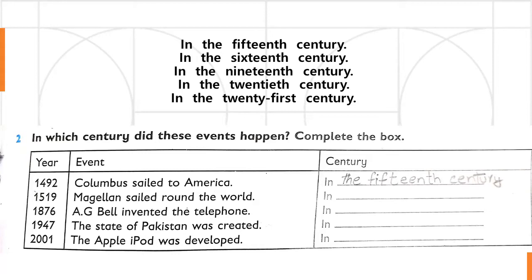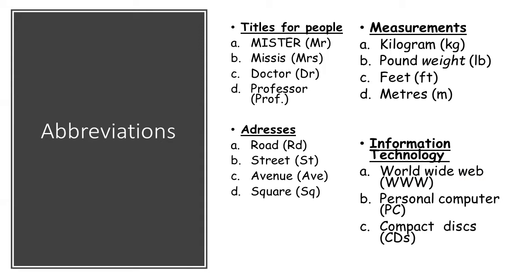We'll move to our next section, that is abbreviations. Exercise number 3 at page number 47. There are a few titles for people, measurements, addresses, and information technology. Some abbreviations from these sections. In exercise number 4 you are given abbreviations, and in exercise number 3 you are given the titles.